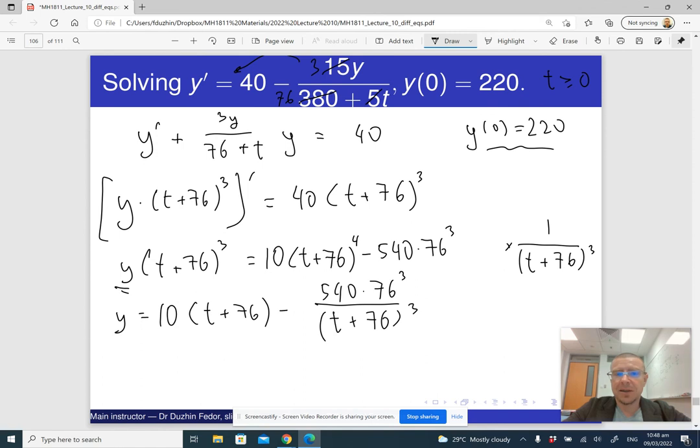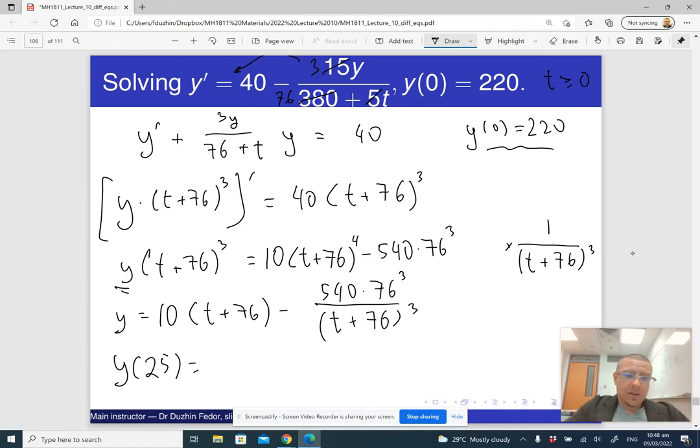And the final question was to find out how much salt is going to be in the tank after 25 minutes. So in other words, the question is to find y evaluated when t equals 25. And that's basically it, right?